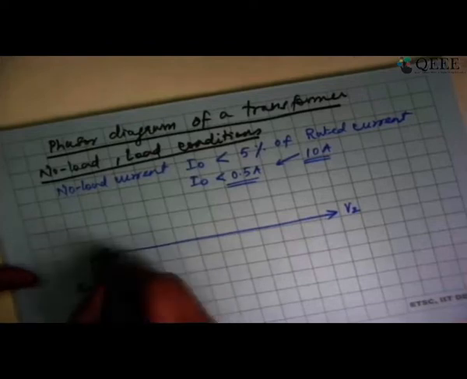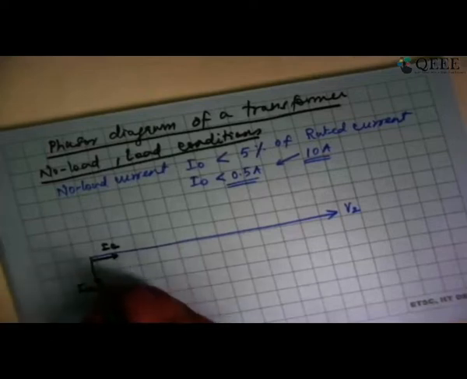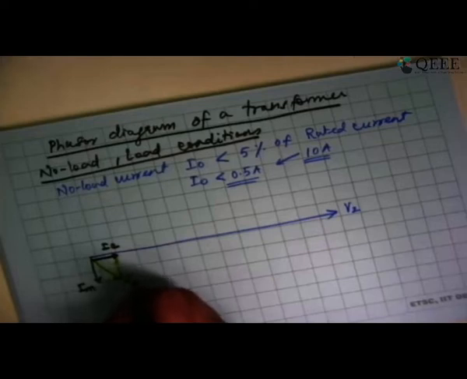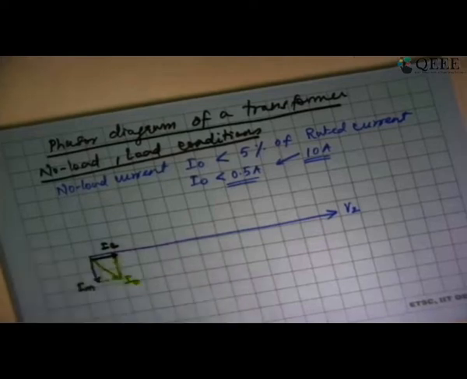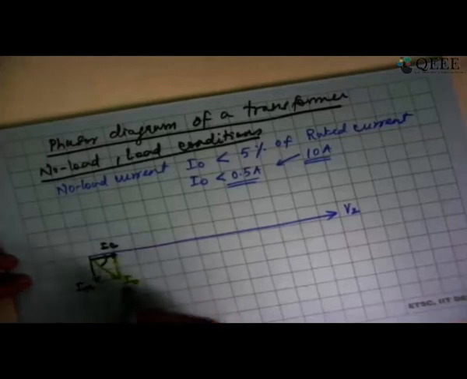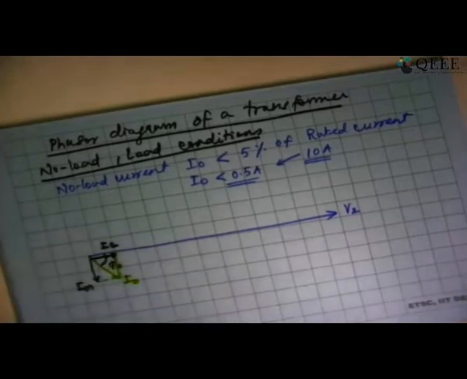This is going to be my IC, which is the core loss component of current. When I add these two, I am going to get the total no load current I0. So I0 will have a power factor which is determined by how much is IC and how much is IM. So this is going to be my phi naught or no load power factor. That's what I have drawn.